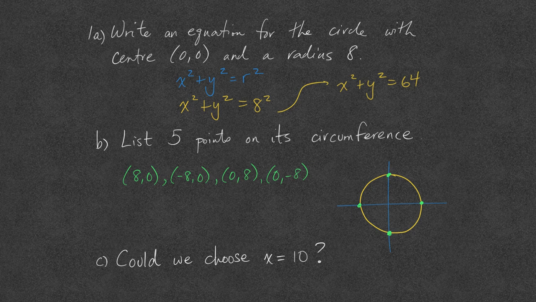If you look at my diagram, if I know that that's 8 units, then we probably found this far edge or point at 8, 0, and then we probably did the same thing in every direction. We went up 8 to the top, 8 to the bottom, 8 to the side. I don't need to label all those points out. You can start to see where they exist, and you can see how I got my 4 green points.